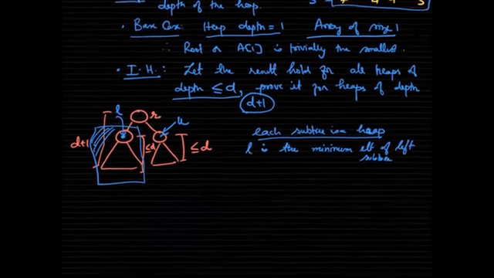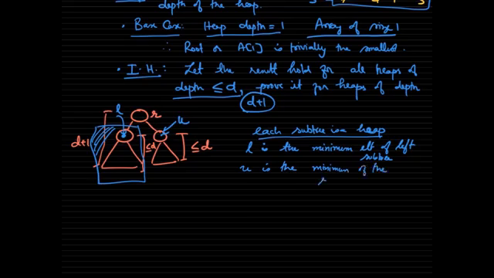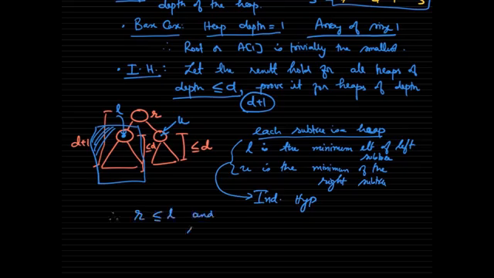Likewise, U is the minimum of the right subtree. And this is by the induction hypothesis, because the left and right subtrees are smaller trees. And therefore, R is less than or equal to L and R is less than or equal to U. Why is this? Because of the min-heap property.